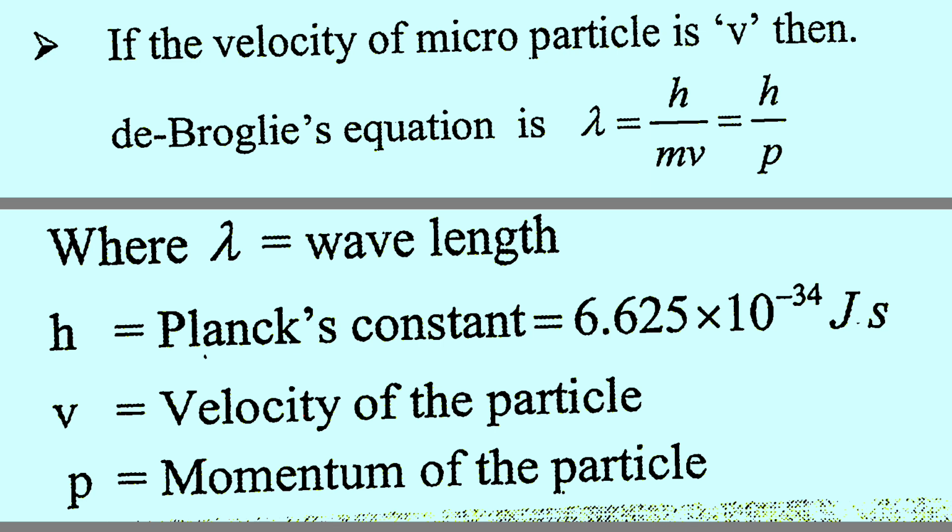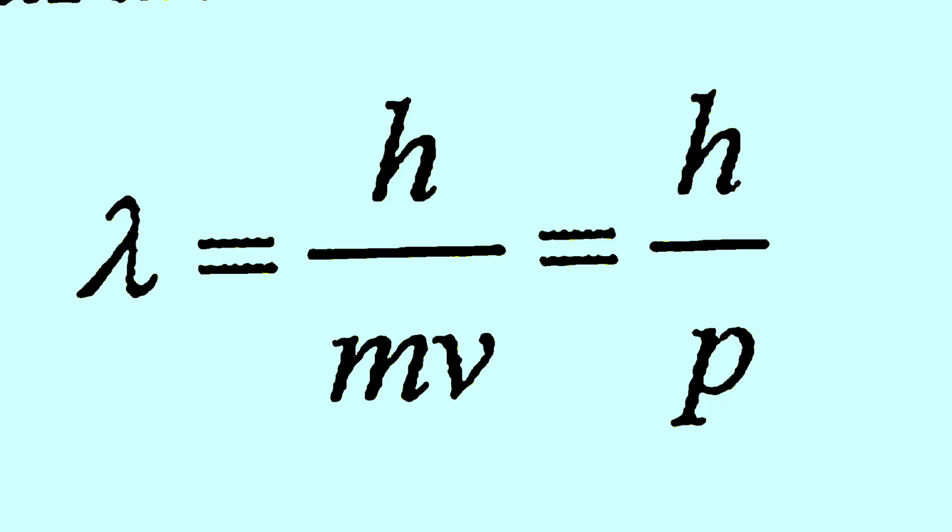Its value is 6.625 into 10 to the power of minus 34 joule second. v is equal to velocity of the particle, p is equal to momentum of the particle. So this is the expression for De-Broglie's wave theory. The final expression is lambda is equal to h by p.